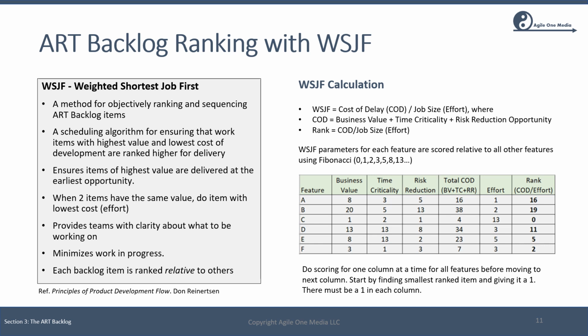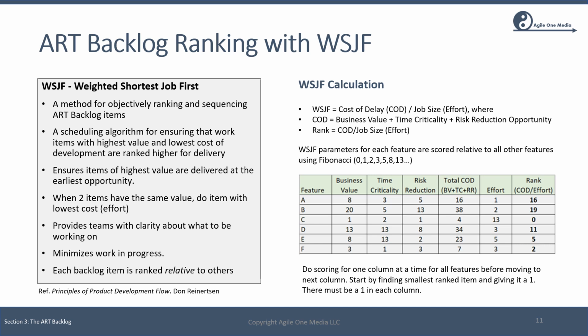If you look at the example here, we have 6 features, A through F, and the approach would be to rank each feature in terms of each parameter. So we'd start with business value. We do one column at a time before moving to the next column. The first thing we do is identify the item with the lowest business value, and we give that a 1.